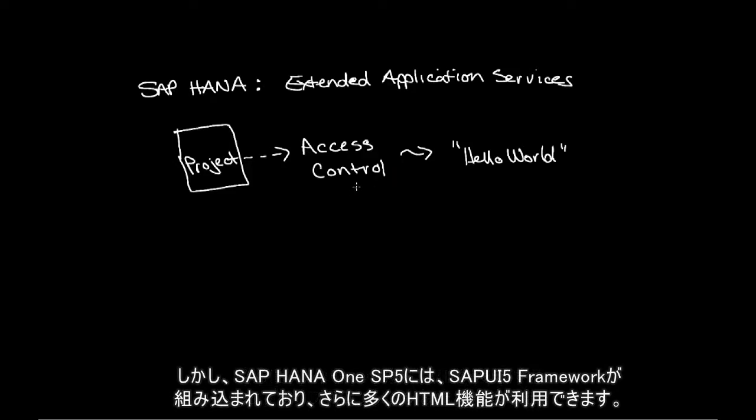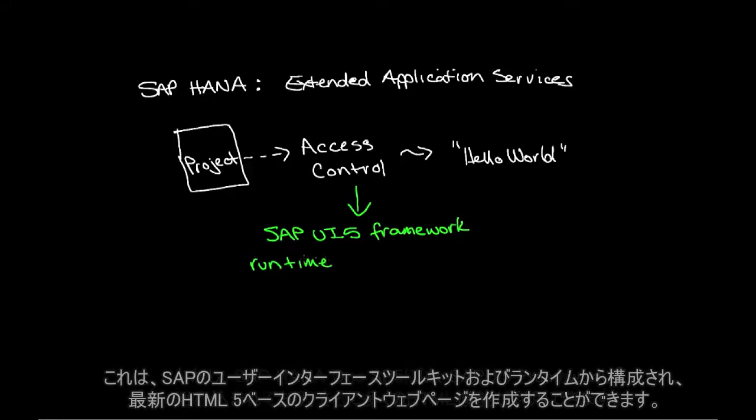But in reality, we have a lot more HTML capabilities because embedded in HANA 1.0 SP5, we have the SAP UI5 framework. And that is SAP's user interface toolkit and runtime for creating modern client-side HTML5 based web pages.